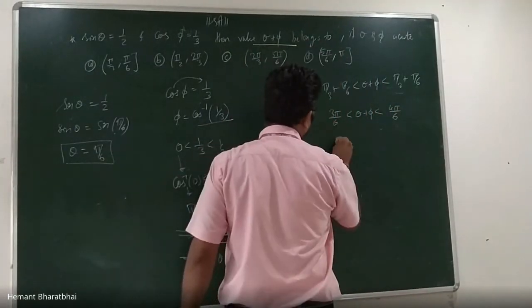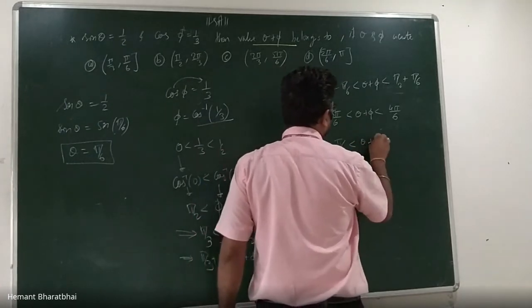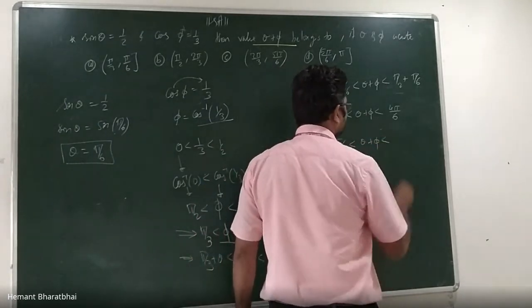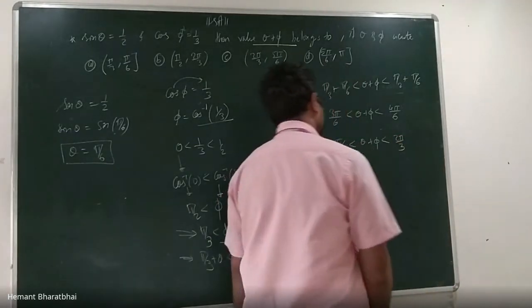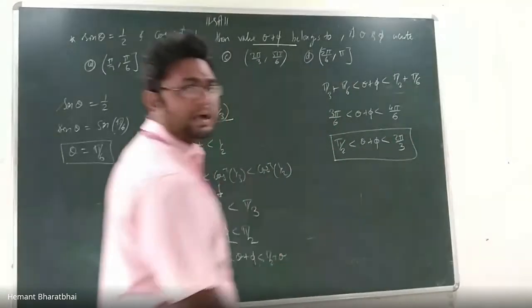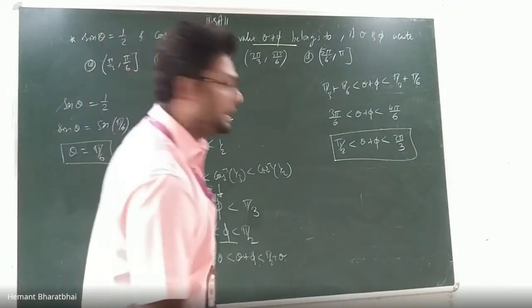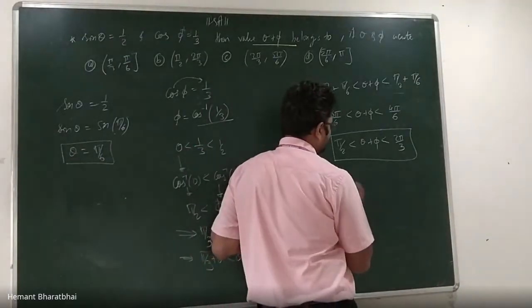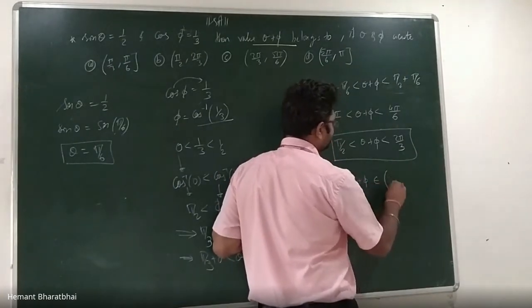So pi by 2 is less than theta plus phi is less than 2 pi by 3. I get the value of theta plus phi is greater than pi by 2 and less than 2 pi by 3.